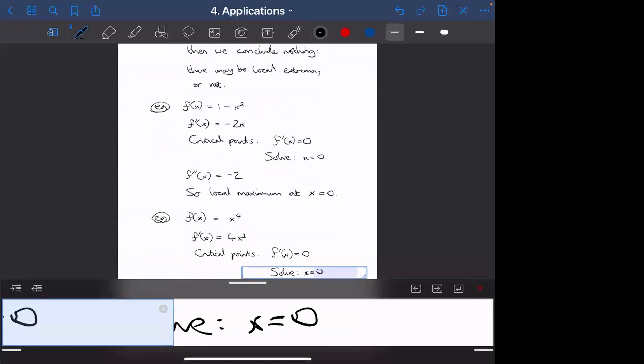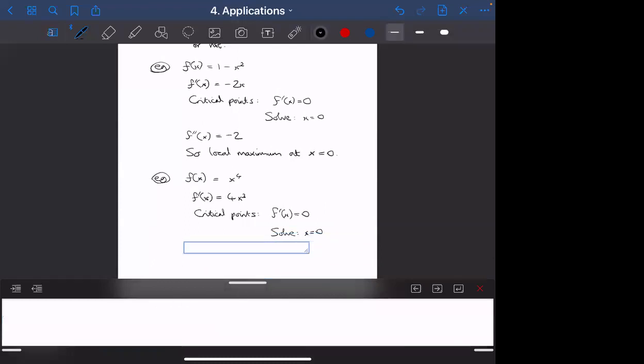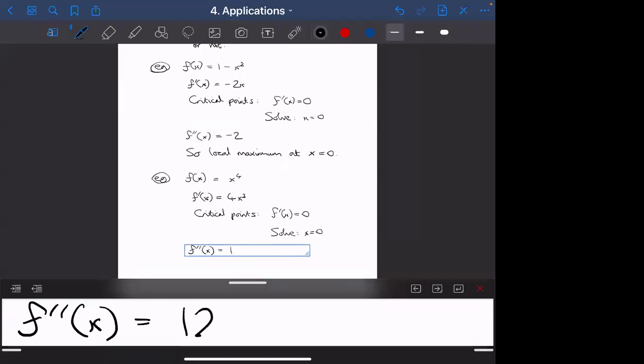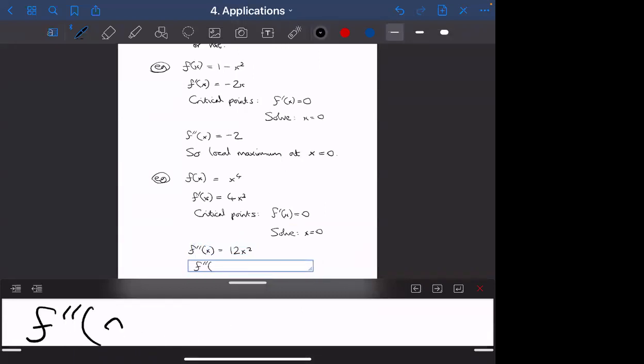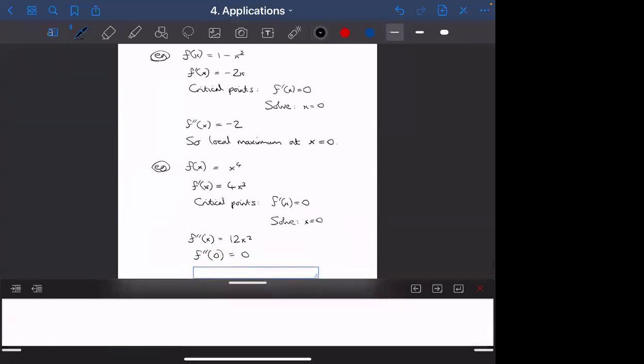And we get x equals 0. But now, f prime prime x is 12x squared. f prime prime at this critical point 0, therefore, is 0. So the test says nothing.